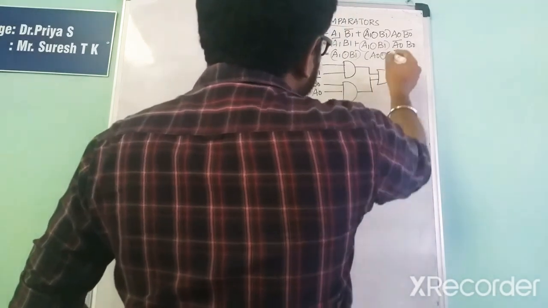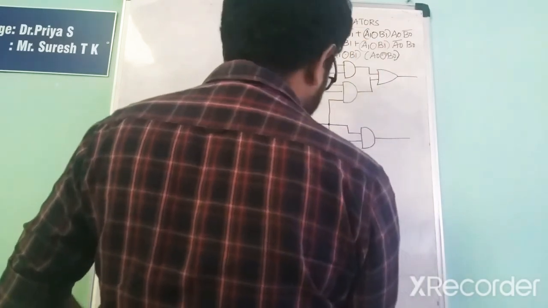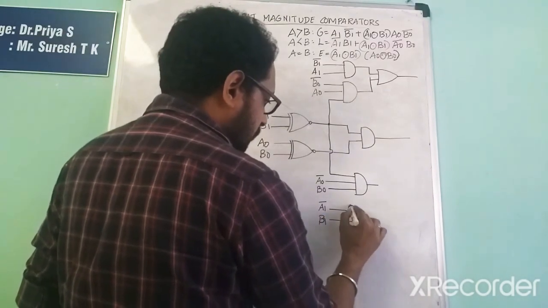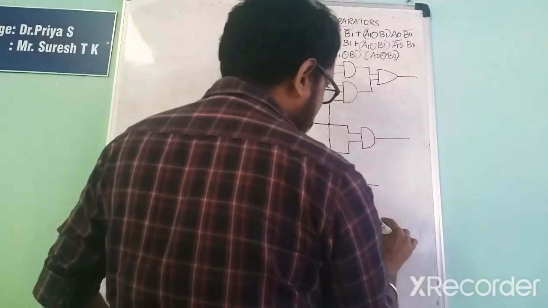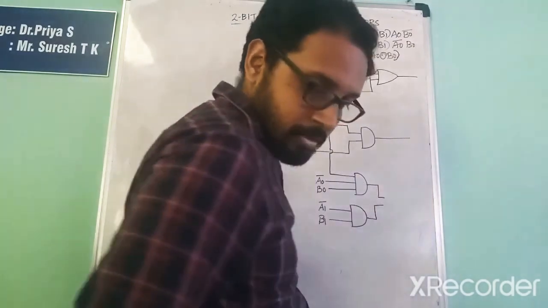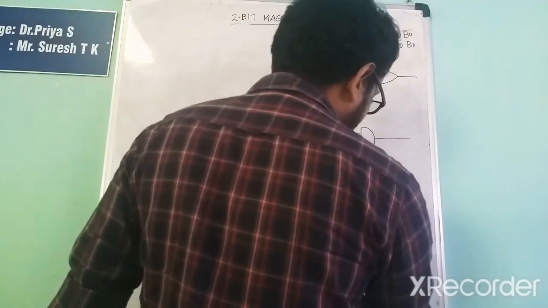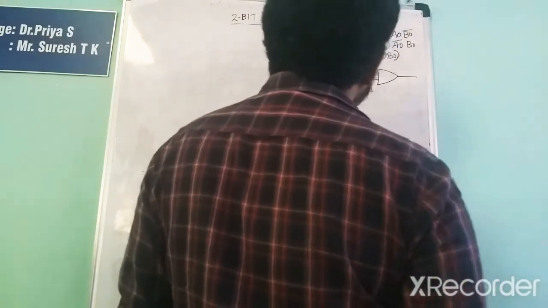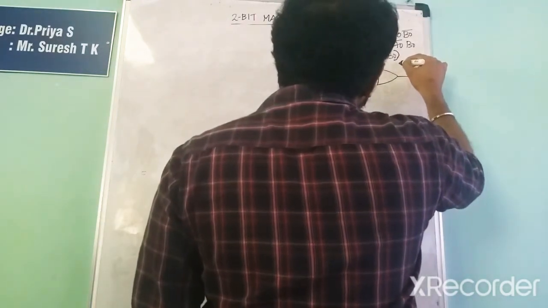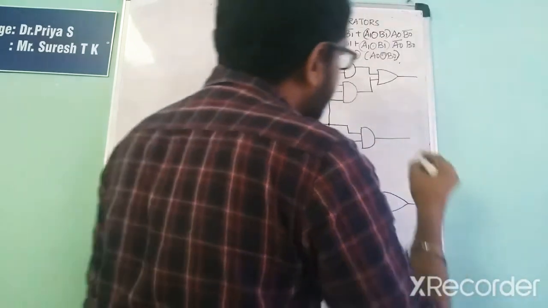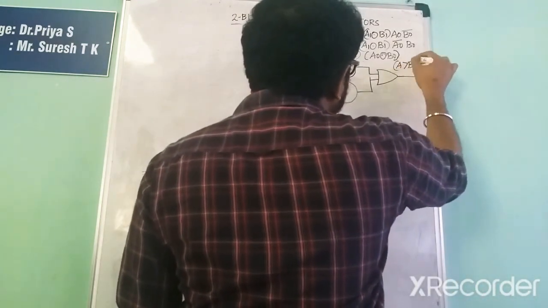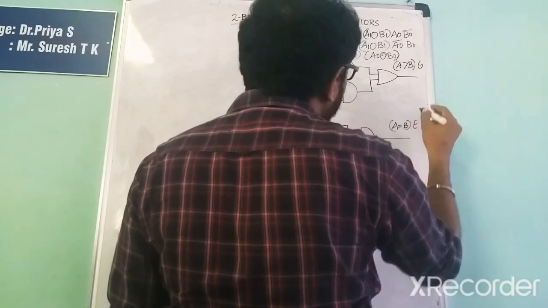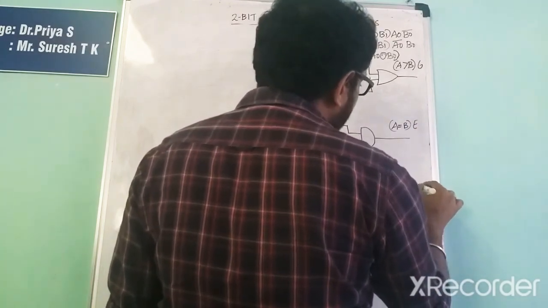Then A1 bar B1, A1 bar B1. Now just write A greater than B, that's G, A equal to B, that is E, and A less than B, that is L.